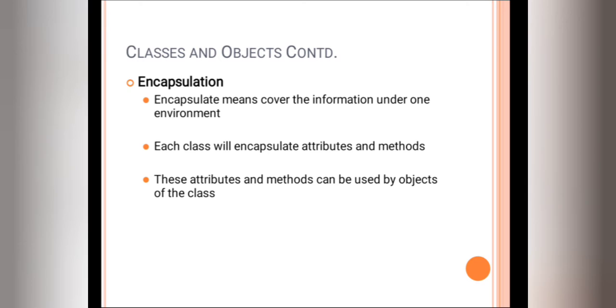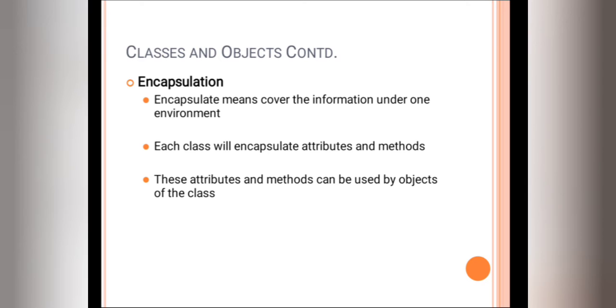Each class will encapsulate attributes and methods. Just like many types of medicine can be encapsulated in a single capsule, here also we will encapsulate attributes and methods that are common or having common methodologies.